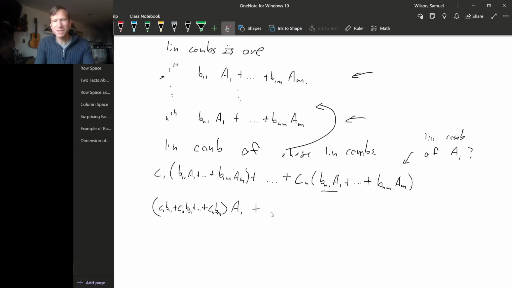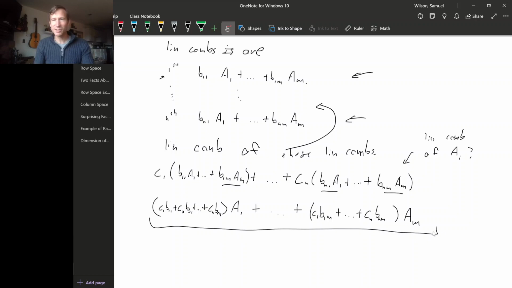And then we get a similar thing for every other A, down to AM. The first term here is going to be coming from this one, so that's c1 times b1m, plus, and so on, one of these in every term, down to the last one, which is going to be cn bnm times AM. There we go.